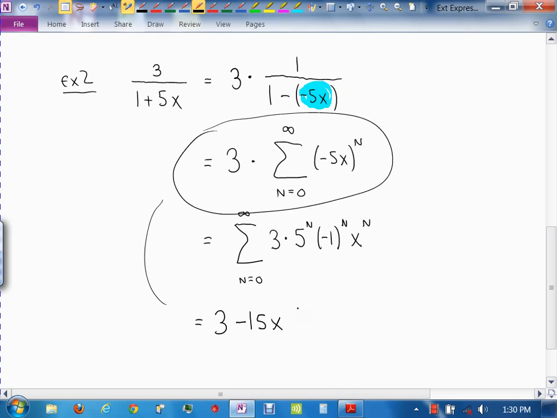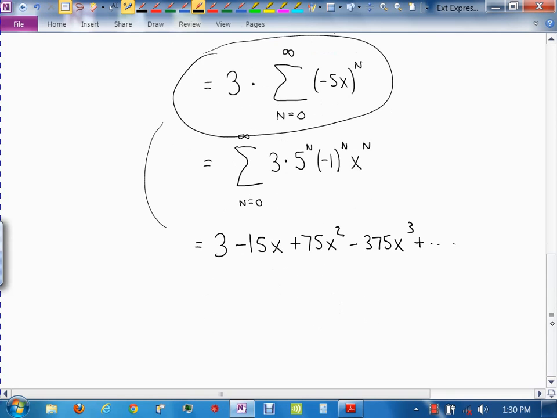What's negative 5x to the second power? 25x squared times 3, which would be plus 75x squared. Next one, you could go and get more, right? Next one would be negative 375x to the third plus dot dot dot. You should be comfortable both ways, okay? You should be comfortable doing it here or here.